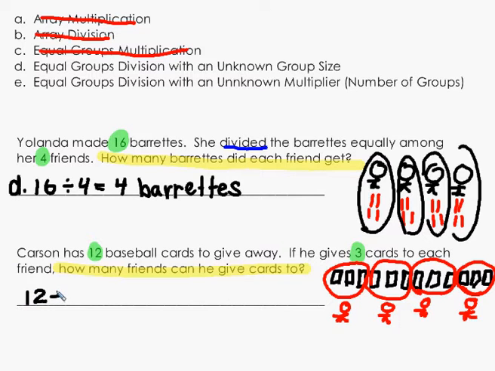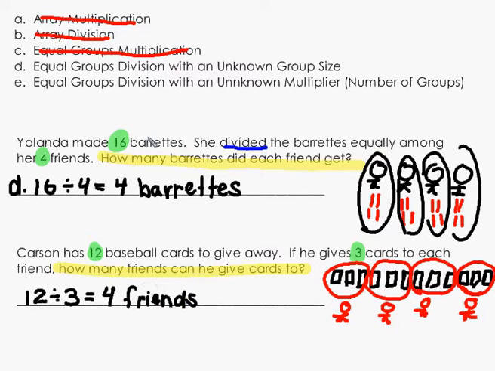And we divided those 12 cards up. How many friends can he give cards to? 1, 2, 3, 4 friends. How many friends? 4 friends.